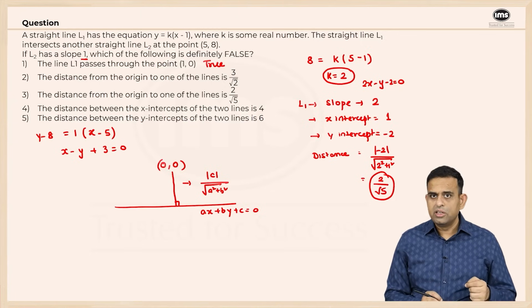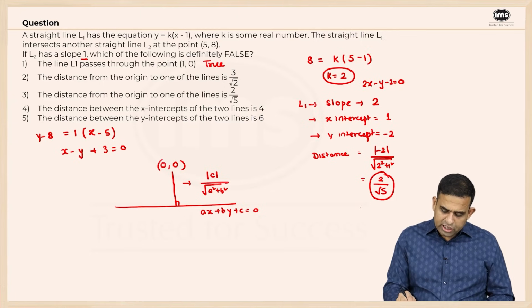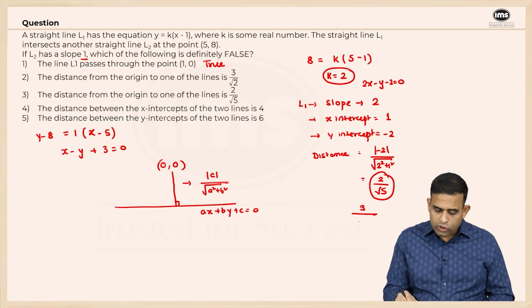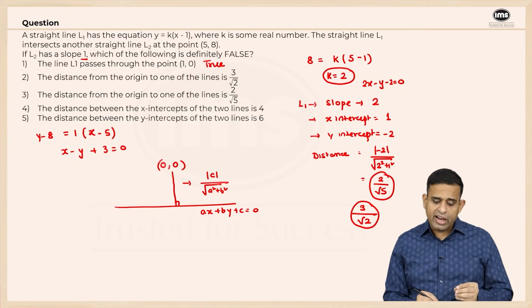If you look at the distance of the origin from the line L2, the constant term is 3 divided by root of 1 square plus 1 square, giving root 2. So 3 by root 2 is the required distance of the origin from line L2.